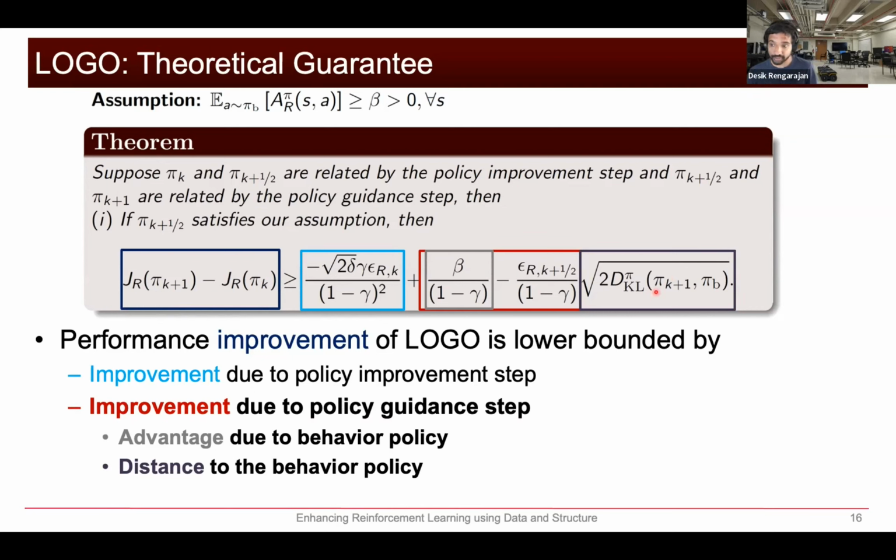Because we minimize the distance between pi k plus 1 and pi b in our policy guidance step, we are essentially maximizing this lower bound. And the policy improvement is also obtained by maximizing the policy improvement step objective. So this provides a sanity check that our algorithm will provide us a monotone policy improvement.